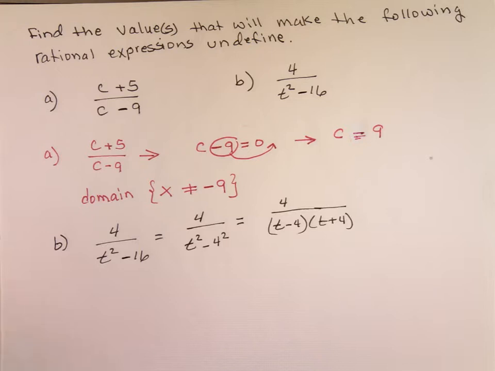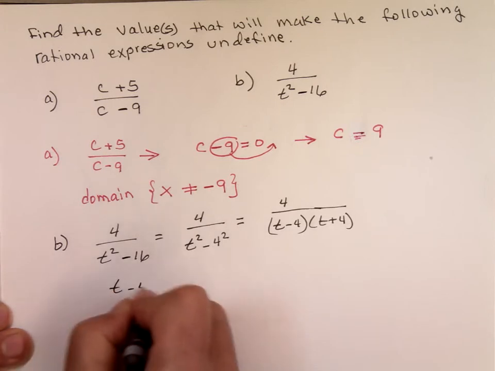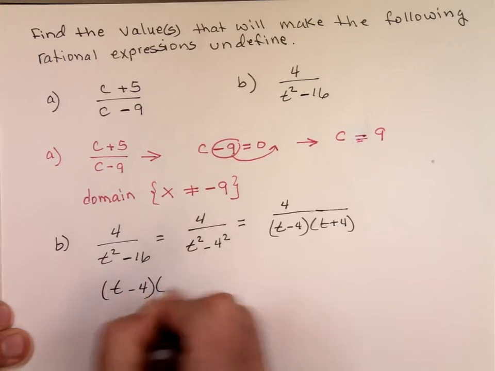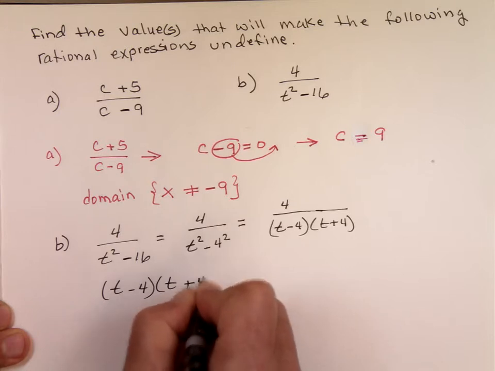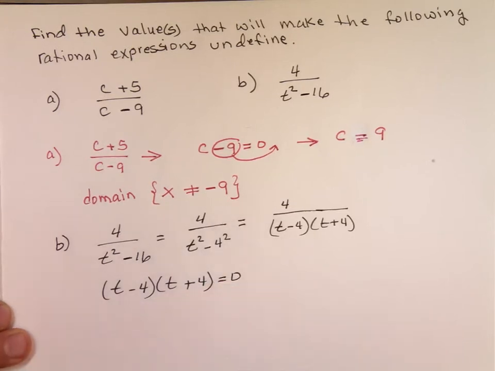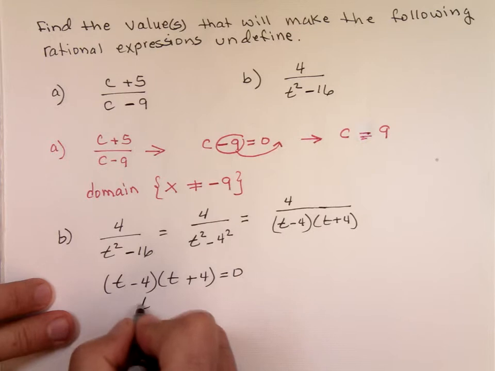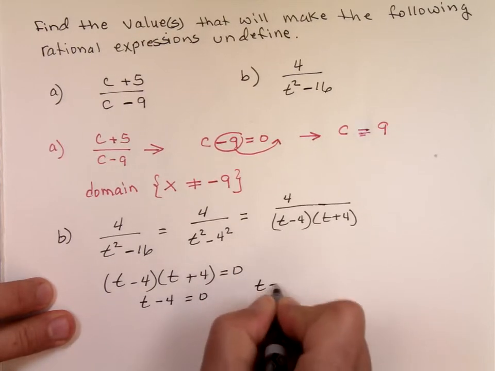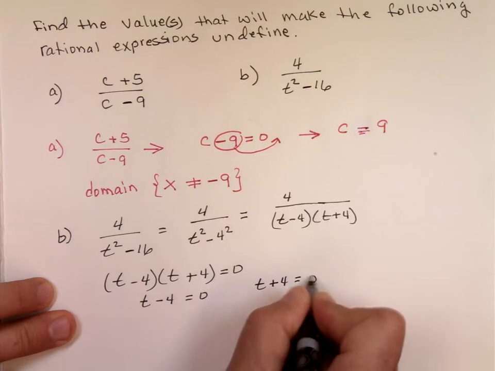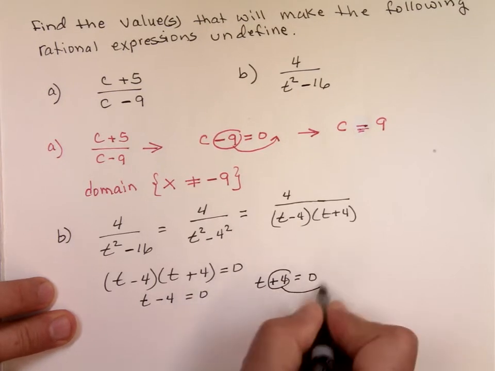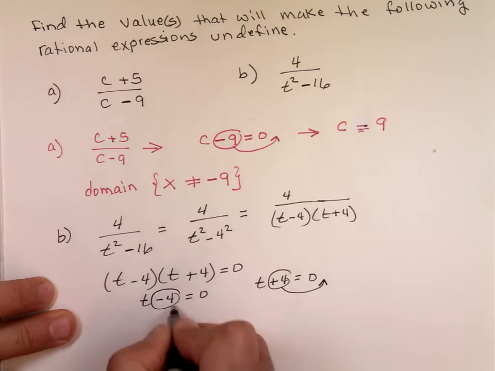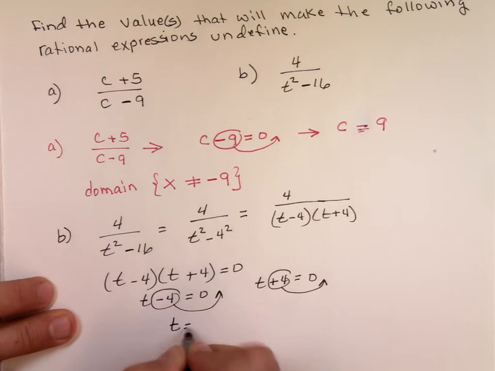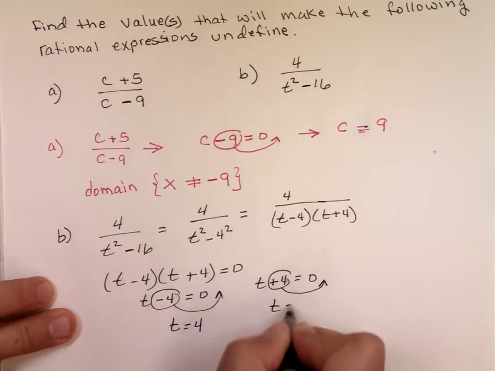So what are the values that will make this expression undefined? Are the values that will make the bottom 0. So take the bottom and set it equal to 0. And for that to be 0, set each one equal to 0 and solve it. When you take the plus 4 there, take the negative 4 there, you have t equals 4, t equals negative 4.